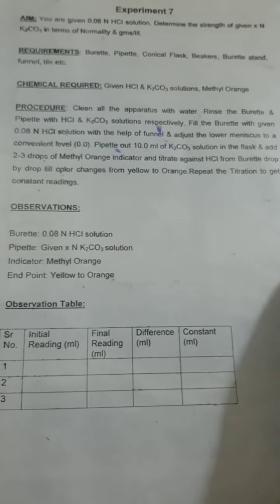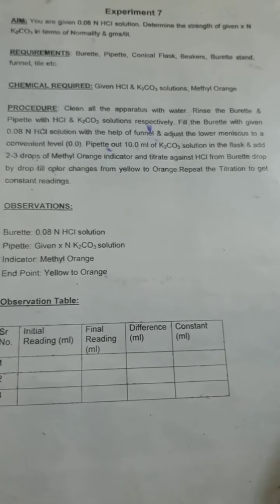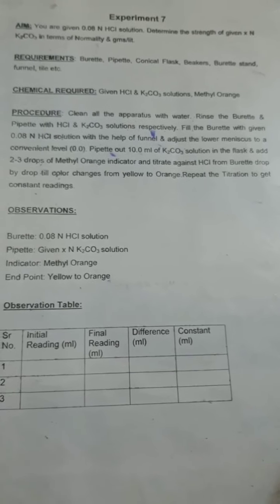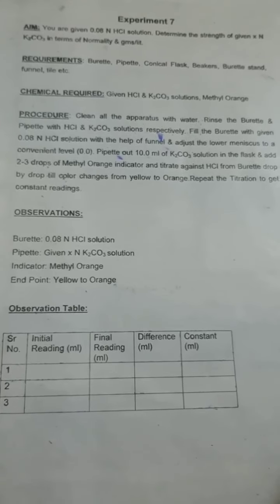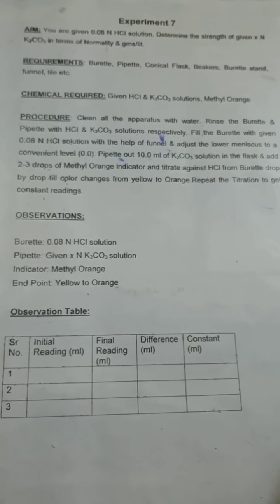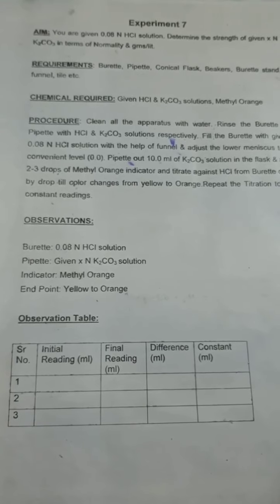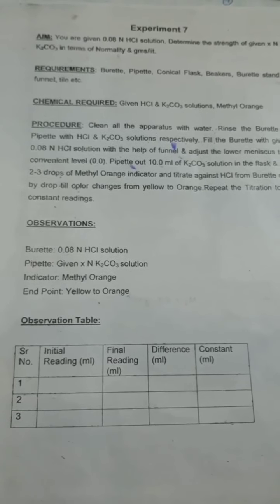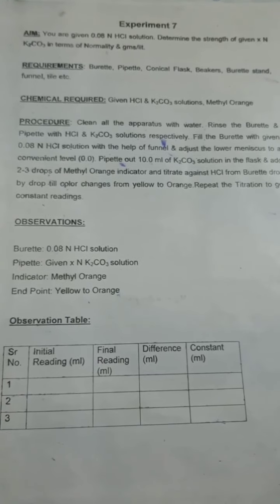After taking the first reading, we have seen that the burette reading came out to be 8.8 ml. That means for complete neutralization of 10 ml of K2CO3, 8.8 ml of 0.08 normal HCl has been used. So at that point we got the end point.